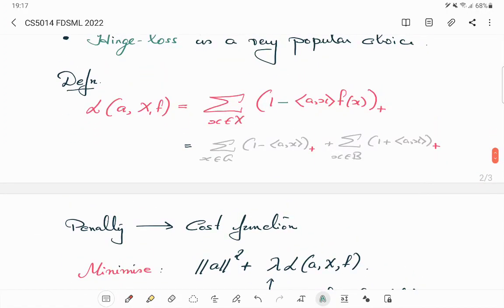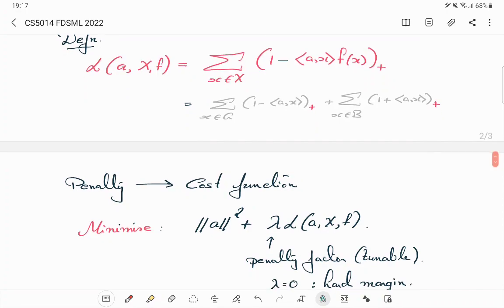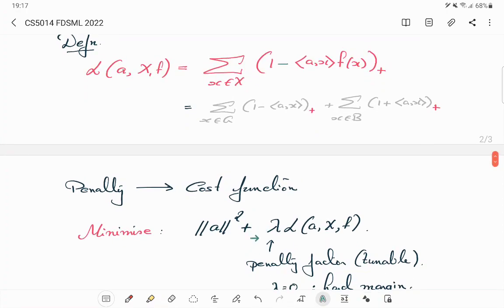Now, how do we add this penalty to the cost function? We just add this penalty to the cost function, but we use a multiplier lambda, which is a tunable parameter. This is a penalty factor, in the sense that by increasing the value of lambda, you are penalizing errors much more.